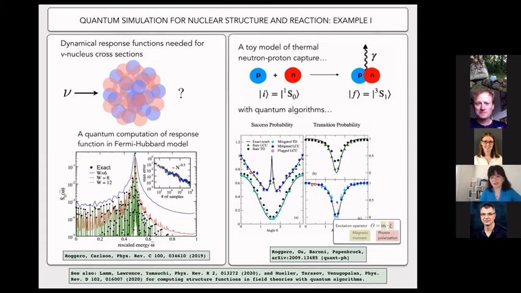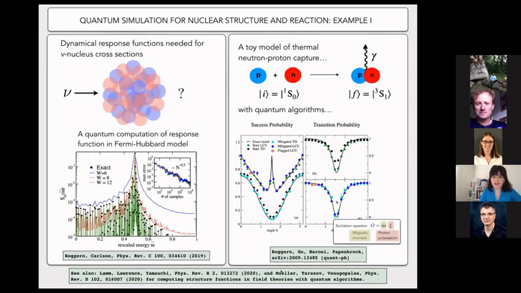These are the computations that are performed on the actual device, in this case IBM quantum hardware. Using some noise mitigation technique, you can find agreement with the prediction. So these are quite encouraging, nice progress.